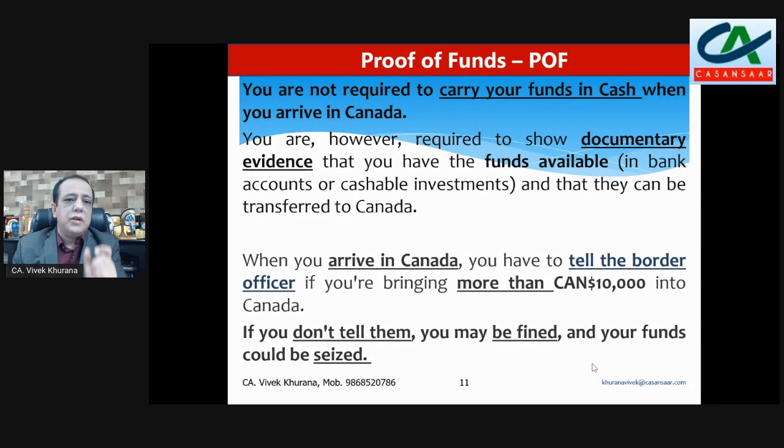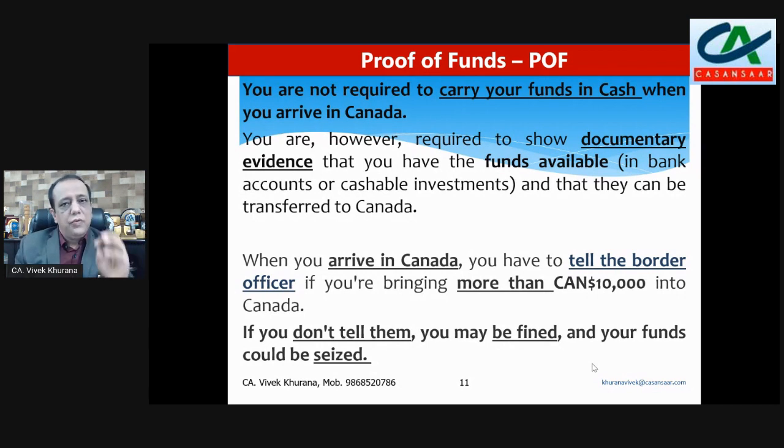Only you should have the documentary evidence that when you are applying for the Canada PR and when you have received the Canada PR, in both the cases you must have these funds with you, readily available, and you must have the documentary evidence that this fund is available with me, and whenever it's required, it can be transferred to Canada itself.